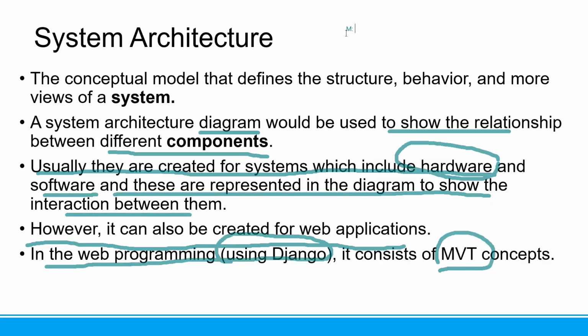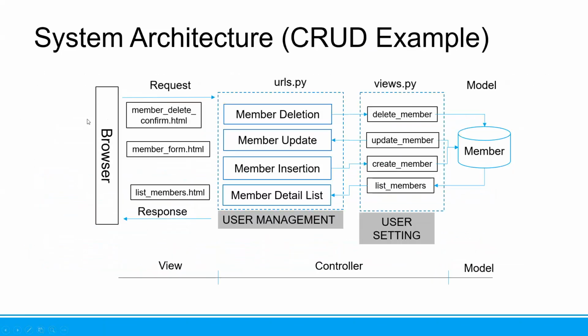M is from the model, view is from the view, and T is for the template. This is one example about the system architecture.